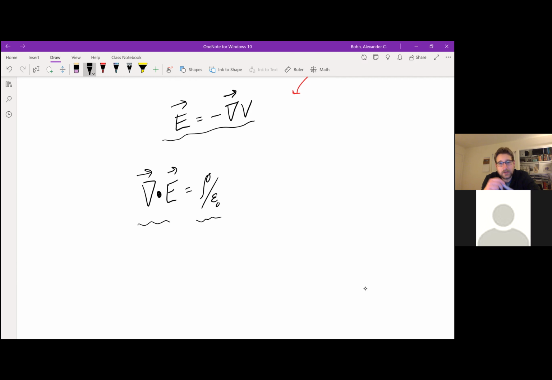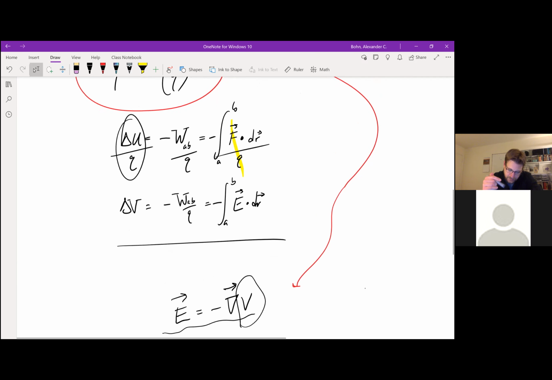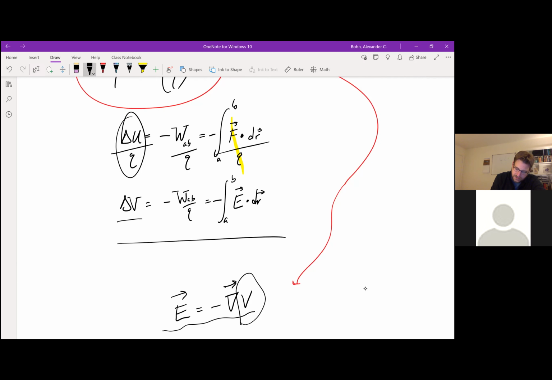Here, we can talk about the electric field in terms of a scalar. Or vice versa. If we know the electric field, we can talk about the electric potential. And as soon as we can talk about the electric potential, that makes problem solving much nicer. Just like it was nicer when we talked about conservation of energy instead of momentum and kinematics, because we didn't have to worry about vectors anymore.